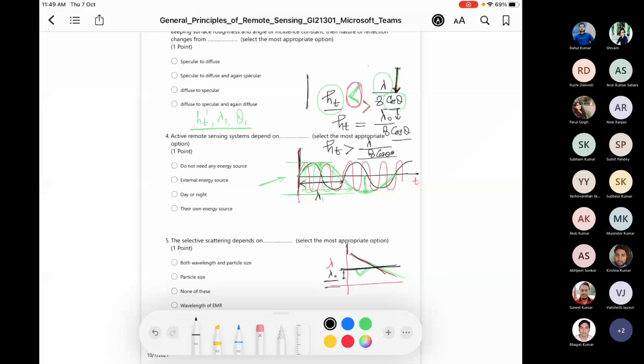For this entire range, and there is a second range over here. For this range, we have specular. Below lambda naught, we have diffuse. What is the change? Specular to diffuse. Is it clear?